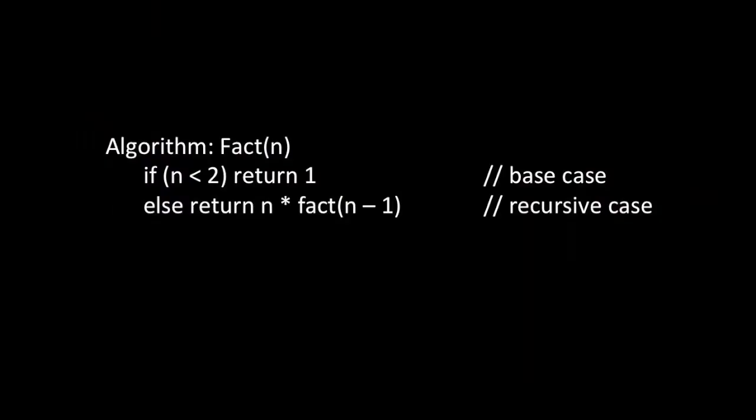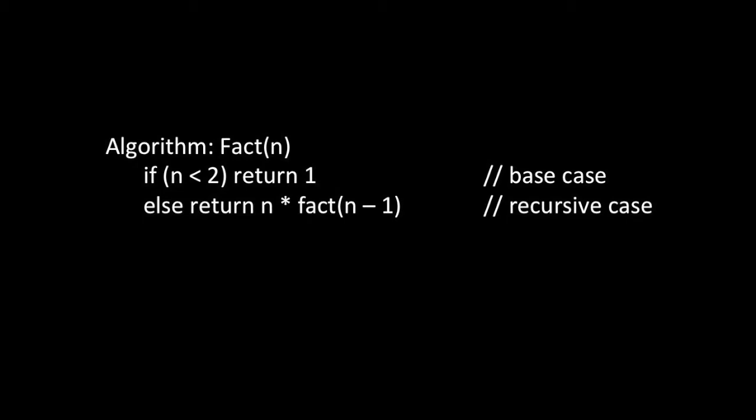As my function keeps decrementing n, its value will eventually reach 1, and because I know that fact of 1 equals 1, I have reached the function's base case and I can stop the recursion. Here's my recursive algorithm for fact. If n is less than 2, return 1, and that works because fact of 0 and fact of 1 are both equal to 1.